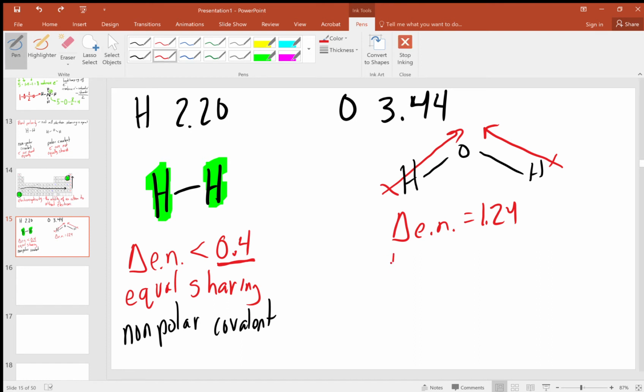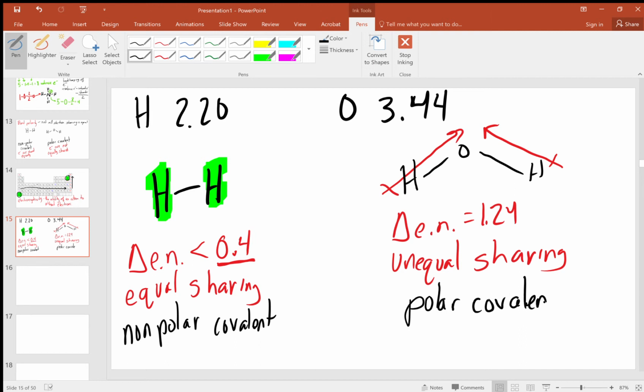So we would say here the electrons have unequal sharing. And therefore water is made up of polar covalent bonds. And so polar covalent we typically find when the difference in electronegativity is less than about 2, but greater than about 0.4.